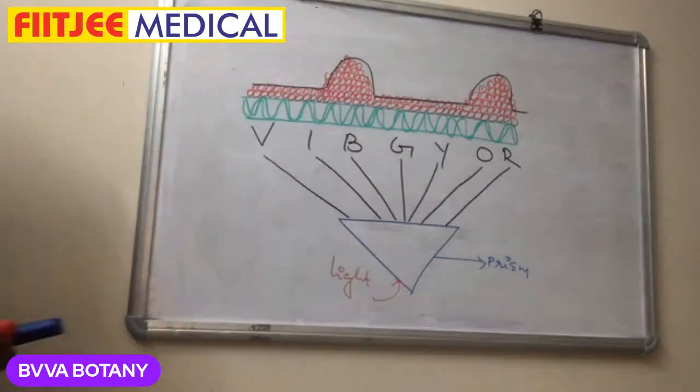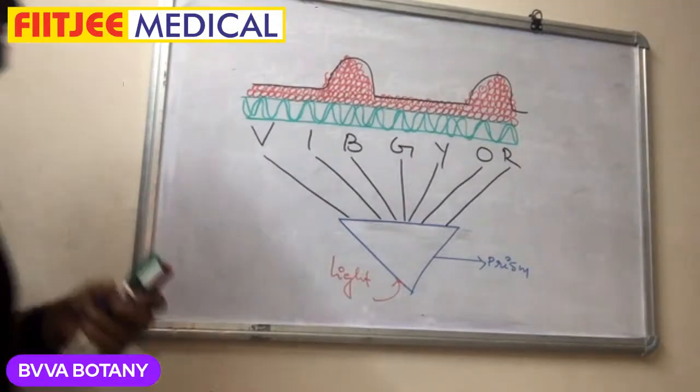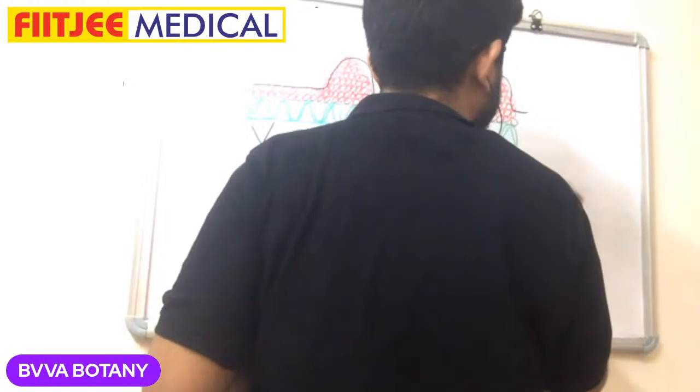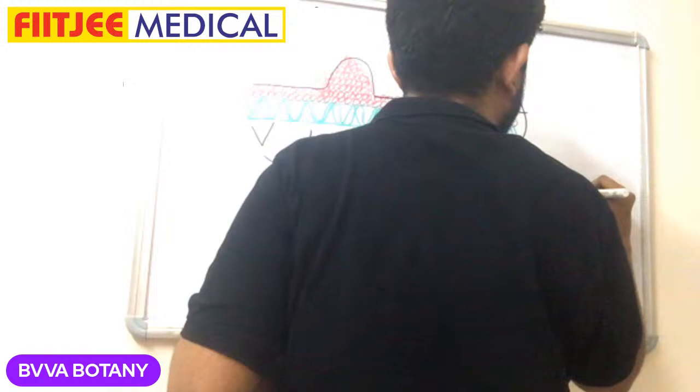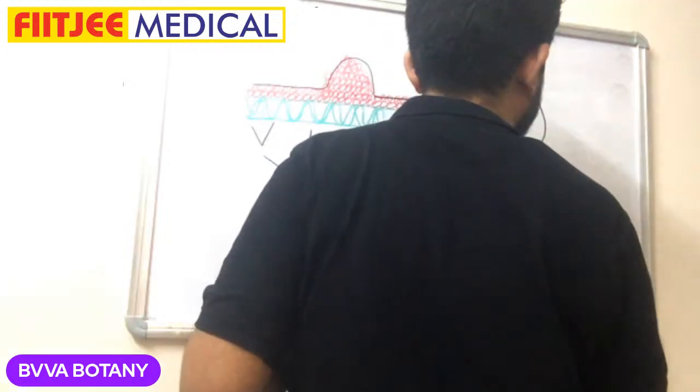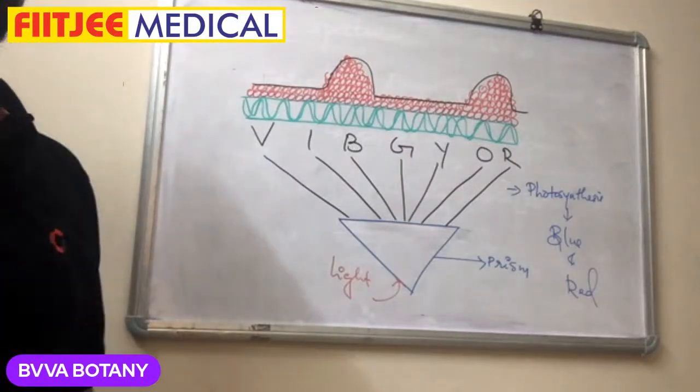This proved clearly that the rate of photosynthesis is highest, and photosynthesis mostly happens, in the blue and the red regions. The bacteria were found in the blue as well as in the red region.